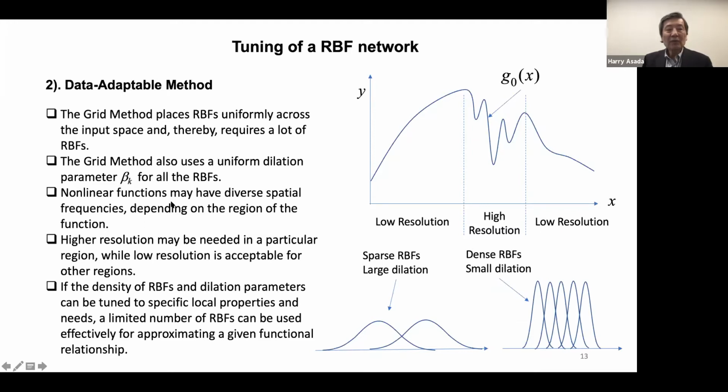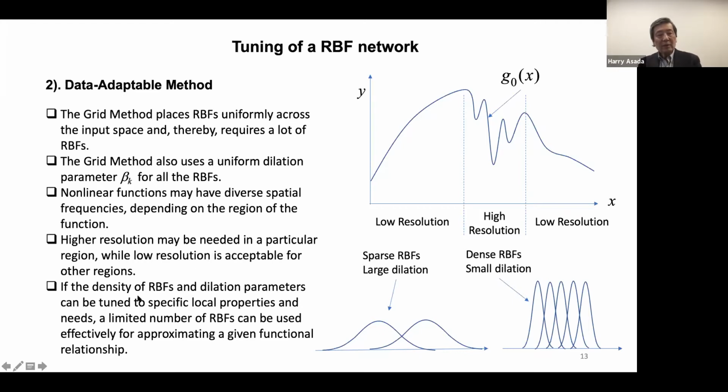So nonlinear functions may have diverse spatial frequencies depending on the regions of the functions, right? Higher resolutions may be needed in particular regions, while lower resolution is just okay for other regions. It does not contribute to the total performance. Maybe the square fit may not be influenced by those very scant points.